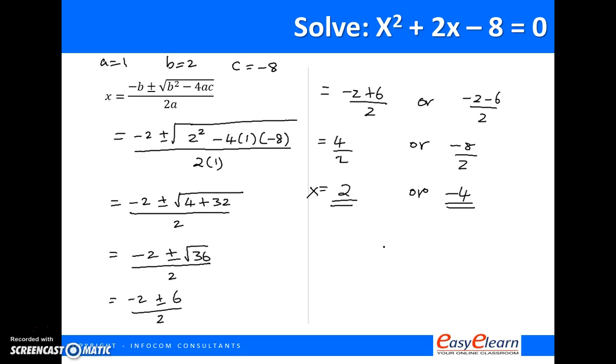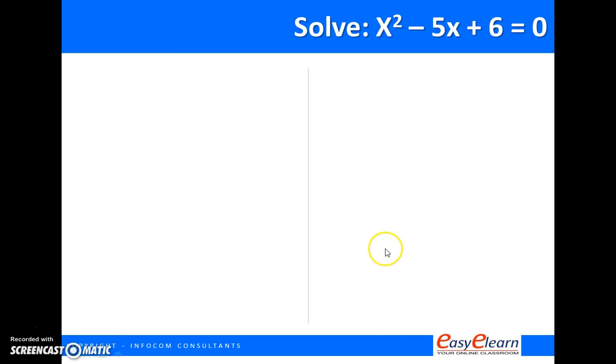Let's take a look at another example now. So let's write the values of a, b, c now. So a is 1, b is minus 5, and c is 6.